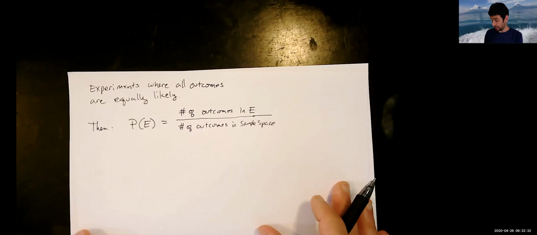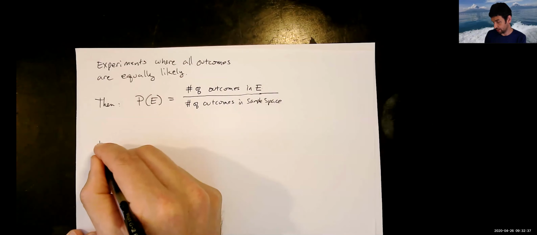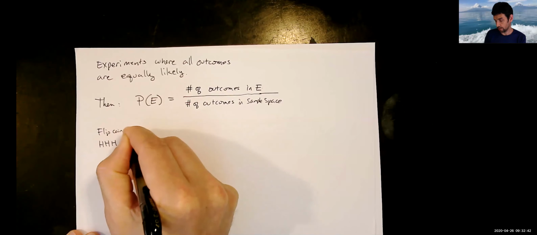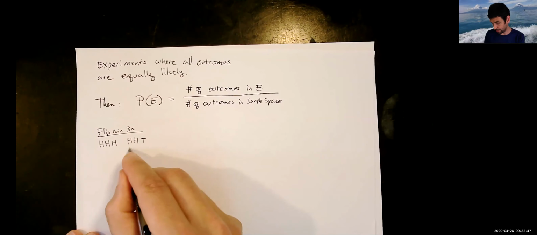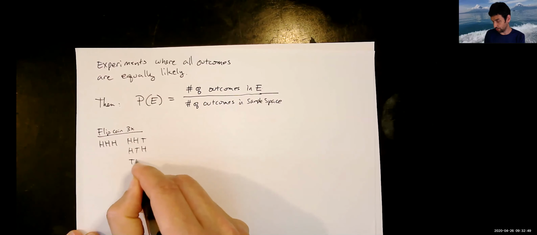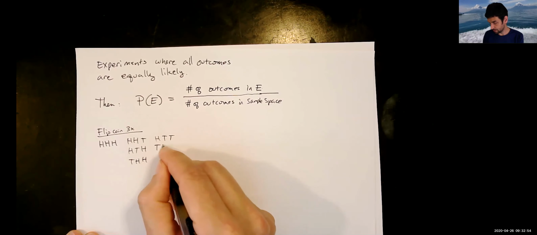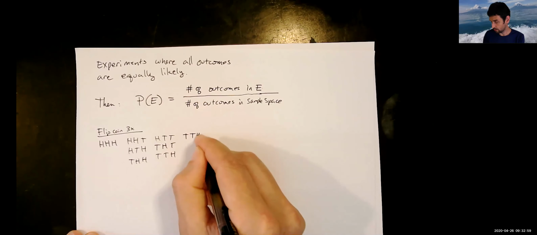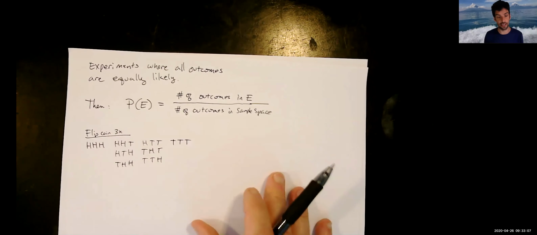All right, so let's look back at those experiments we did a moment ago and use this. Let's start with the flipping a coin 3 times experiment. And remember, I had this sample space. This is a case where we assume all of these outcomes are equally likely. All right, so each time we flip the coin, heads or tails are equally likely, so we expect when we flip it 3 times, each combination is equally likely.